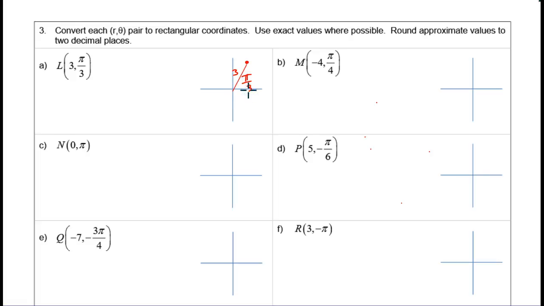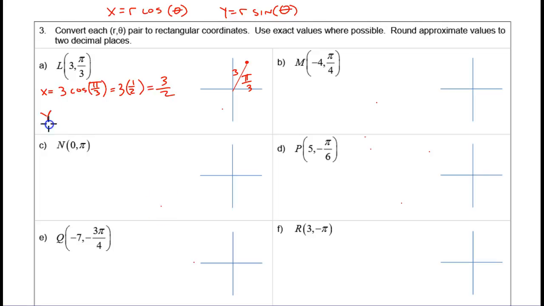So for all of these conversions, we have to remember the following. X equals r cosine theta, and y equals r sine theta. So for this one, we have x equals 3 times the cosine of pi over 3, and that equals 3 times 1/2, which we'll write as 3/2.